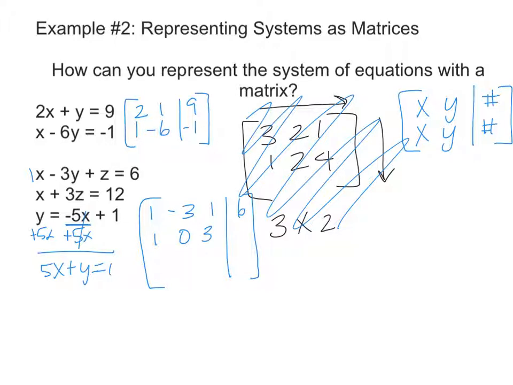Z is 3. Our answer is 12. And the last one, where we have 5x plus y equals 1, the x is 5. The y is 1. There is no z, so I would put 0, and then our answer is 1. Okay, so that's how we represent a system as matrices.